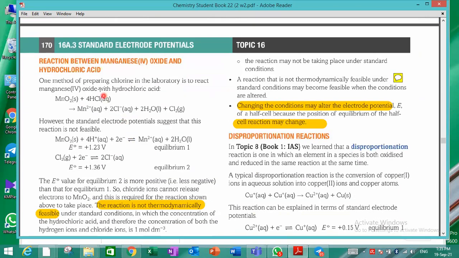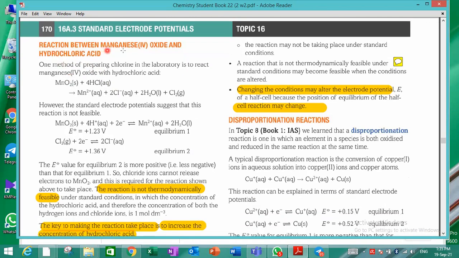Here, this is what you were asking about. Here, they are taking the reaction between manganese 4 oxide and hydrochloric acid.